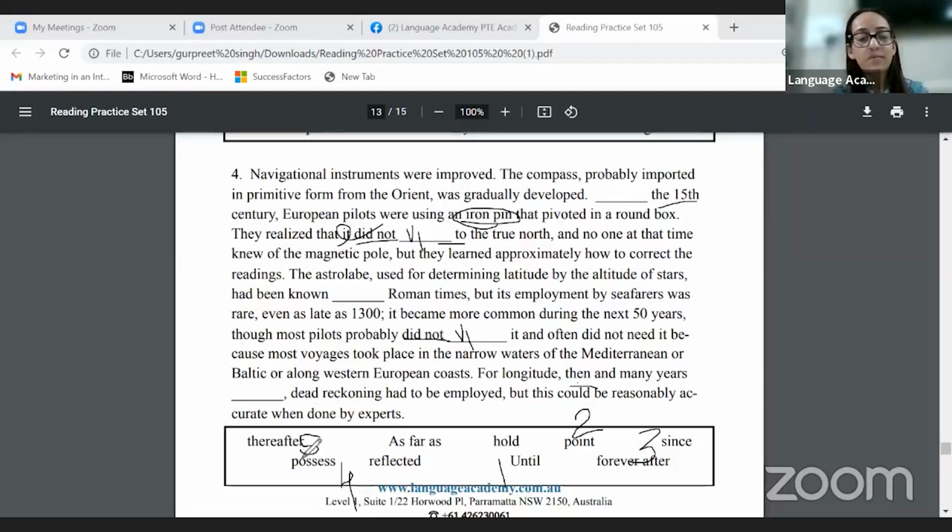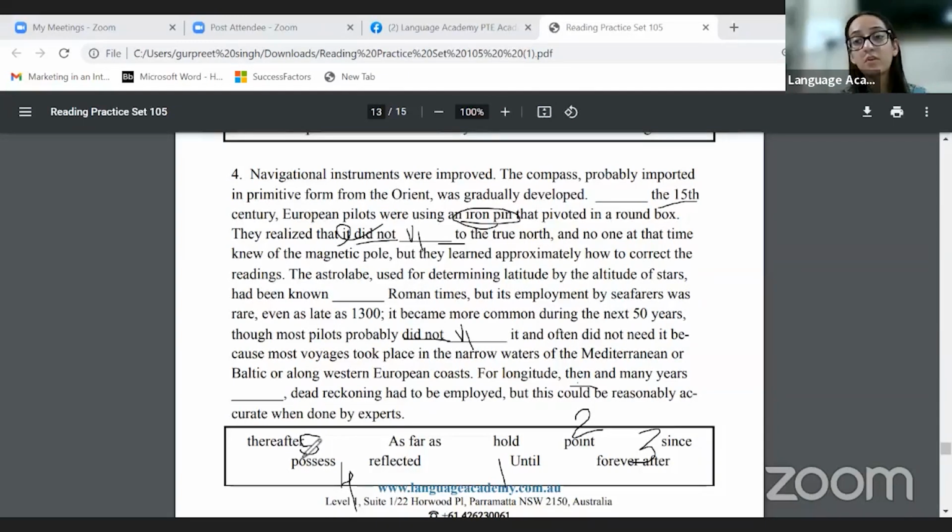So is the topic about holding the thing or having the thing? Holding means they did not hold it in their hands. They can keep it on the table then. So hold means to hold something in your hand. And possess means have. We are saying most pilots did not have this thing. It's not about whether they were holding it or not.